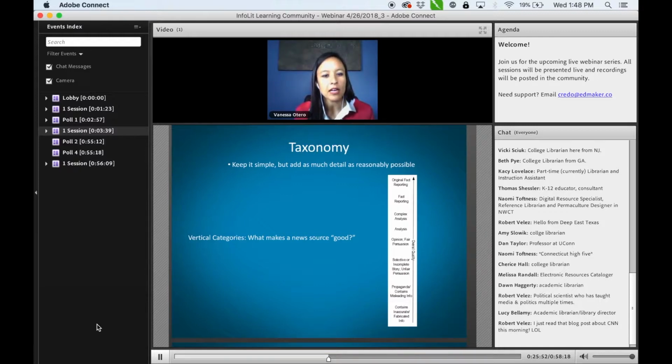And then below that, I put complex analysis. Complex analysis meaning fact reporting plus well-supported conclusions that really give context and detail about what those facts mean. And then right below that, analysis, meaning still well-supported conclusions, but maybe not as in-depth, maybe shorter articles that are a little bit easier to consume.